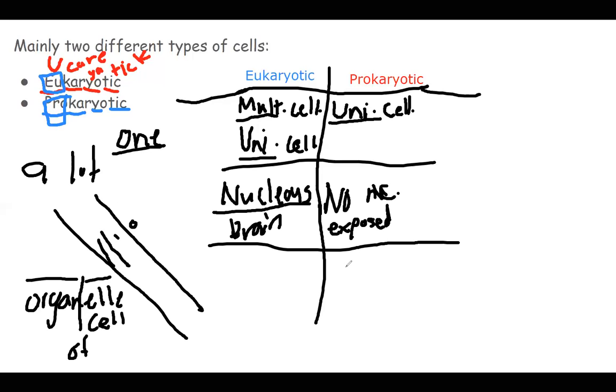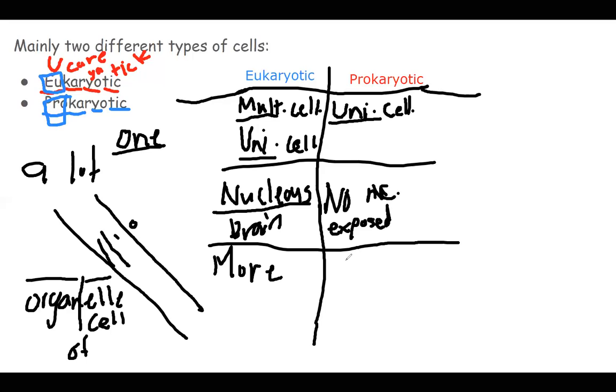And finally, eukaryotic cells, we'll talk more about this in the next part 2. But I'll just say briefly that eukaryotic cells have more organelles that make eukaryotic cells more complex, and it helps them live longer in a way.